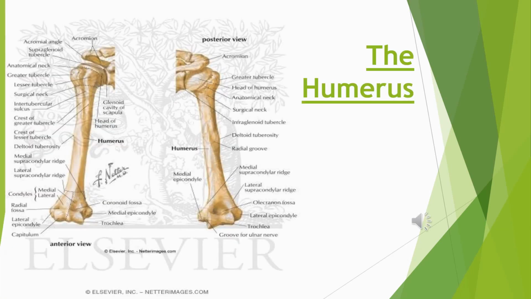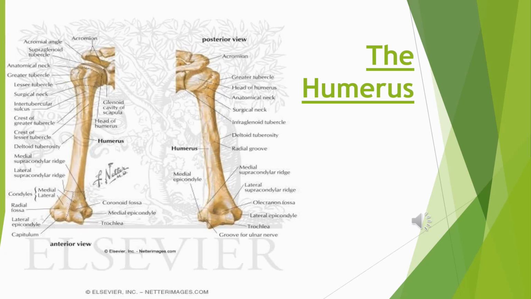So the first bone that we'll be dealing with is the humerus. On the left side, you can see an anterior view of the humerus. On the right side, a posterior view. We shall be starting with the anterior view of the humerus, starting from superior to inferior. So from the top down to the bottom. So the first big features that you notice is the head of the humerus, which is basically what forms the ball and socket joint of the arm.